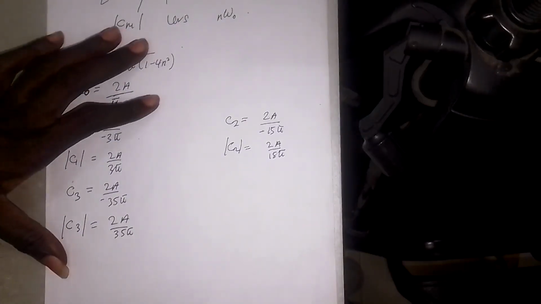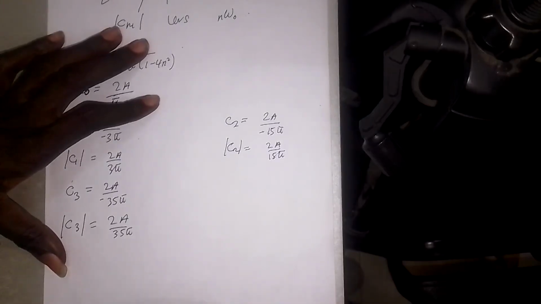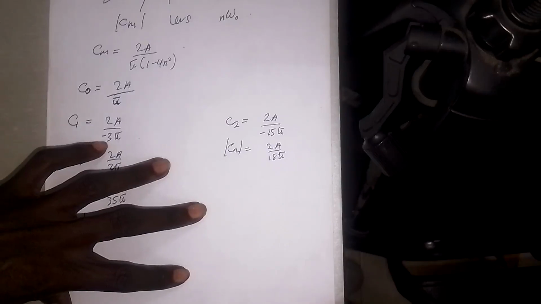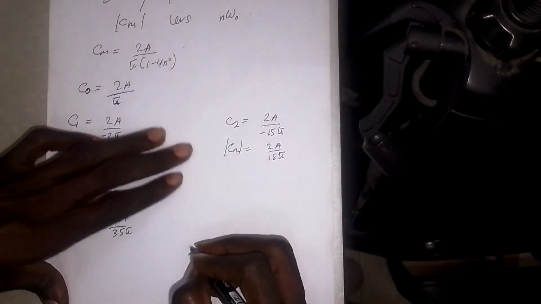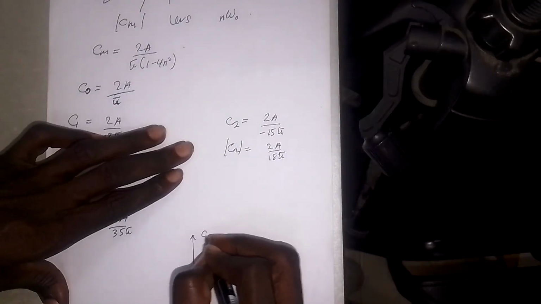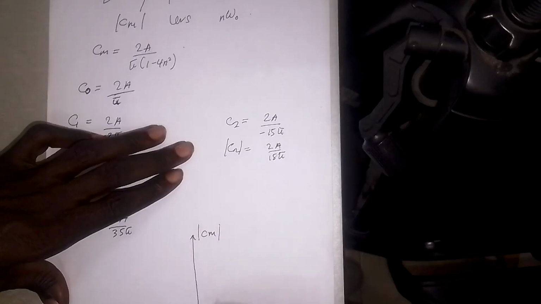So after that, let me draw my frequency spectrum. Here is n omega naught, and here is going to be the absolute Cn. The middle here is 0.